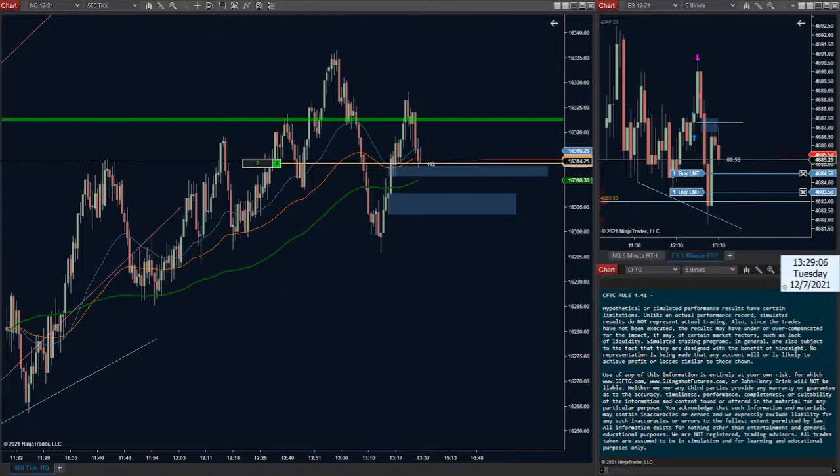All right, didn't get a fill on that quick little pop there for the NASDAQ. S&P's got 50 seconds left.